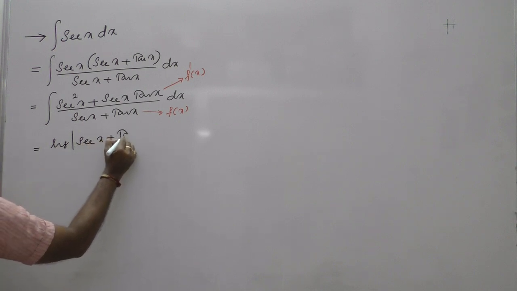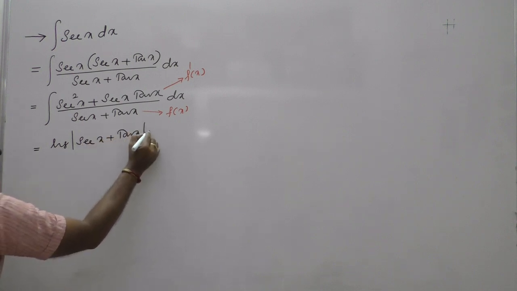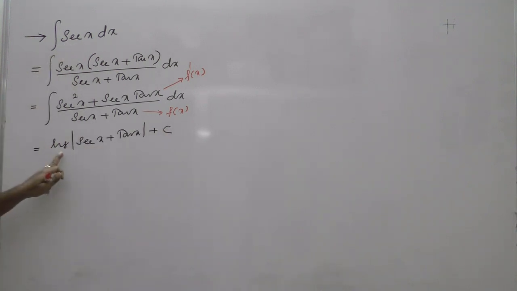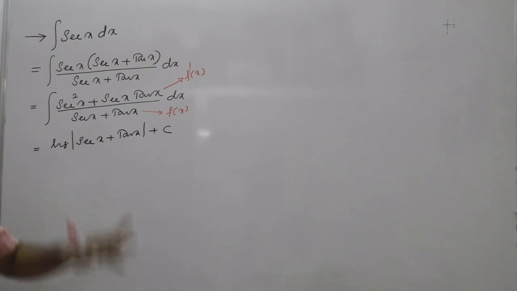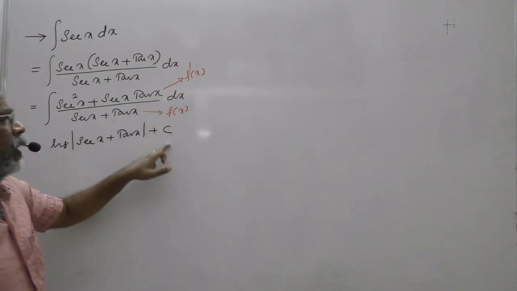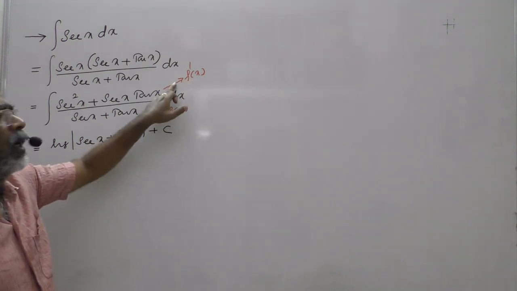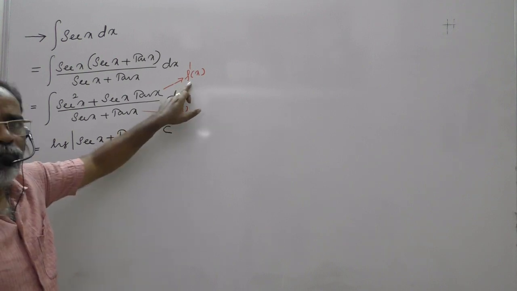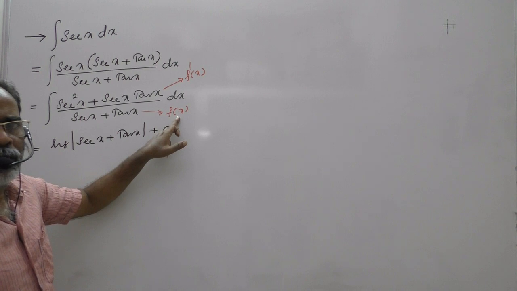Therefore, this is the integral. Integral sec x is log of sec x plus tan x. I obtained this by using f dash x by f x. No confusion. If you can use this, use it.